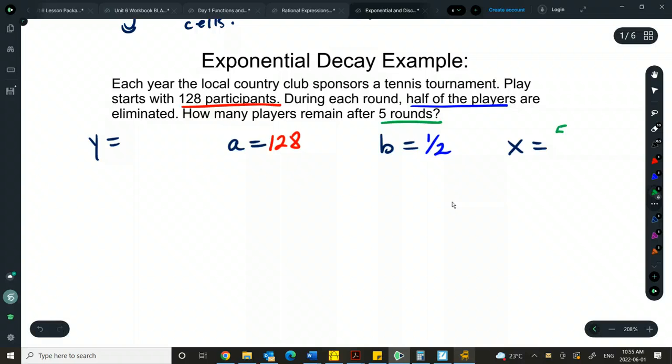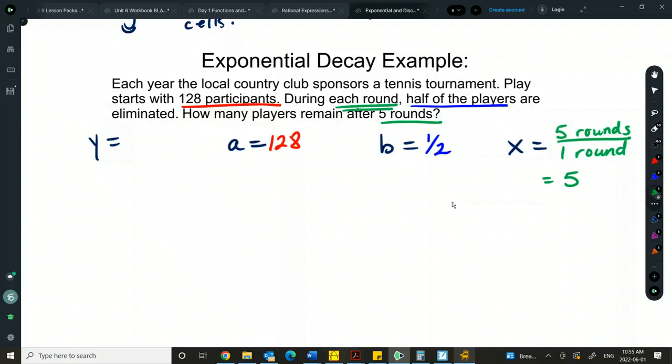So this is going to be like total amount of rounds that have passed. So 5 rounds. And half of the players are eliminated each round, so this would be over 1 round. So at the end of 5 rounds, 5 halvings have occurred. That's basically what we're looking at. And y is the question mark.